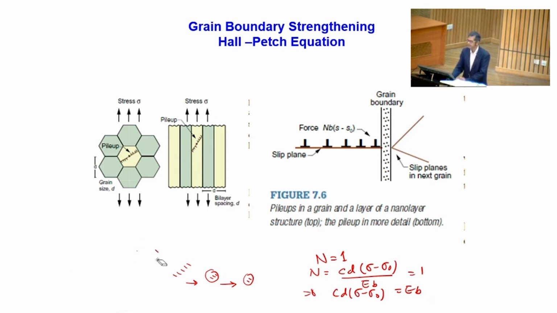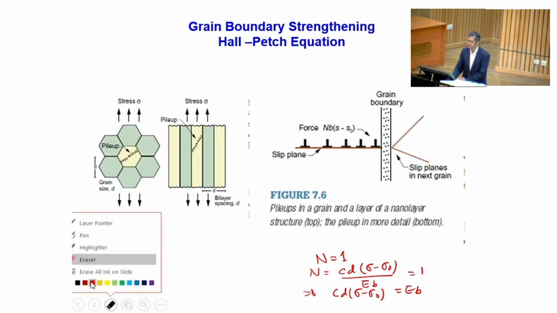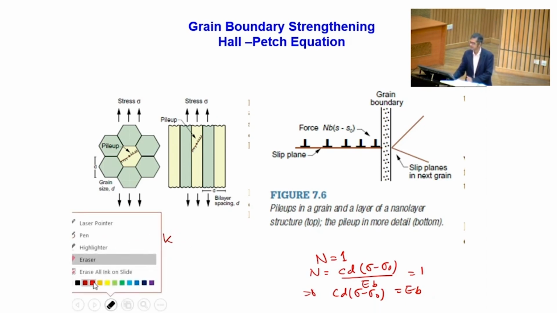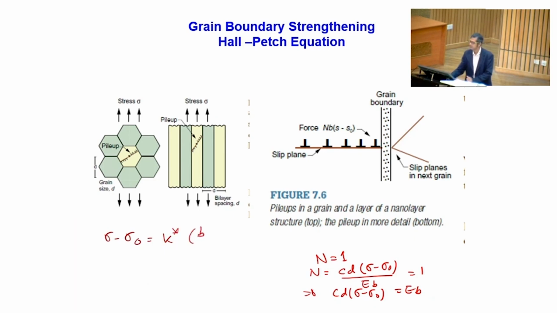Second thing is this. Let me erase this part and do it for you. We know the Hall-Petch equation, right? What is the Hall-Petch equation? Sigma minus sigma 0 is equal to k star, or k dash, times b by d to the power half, right?